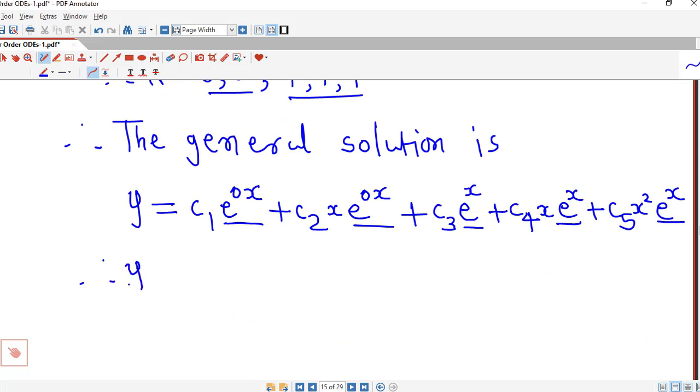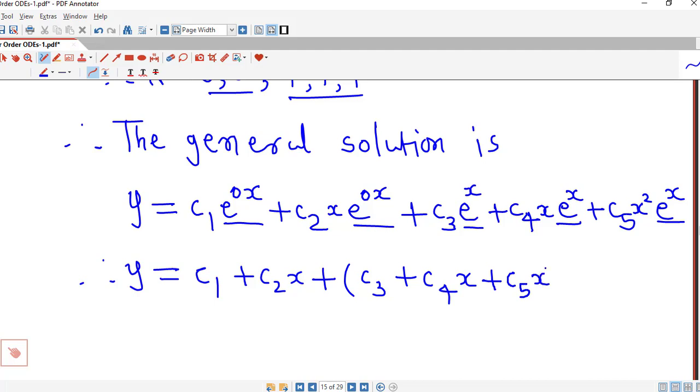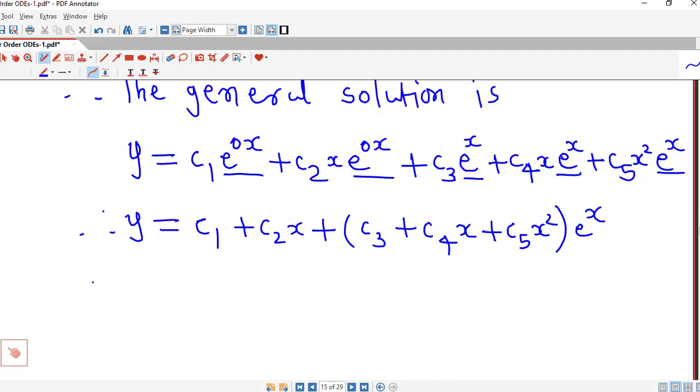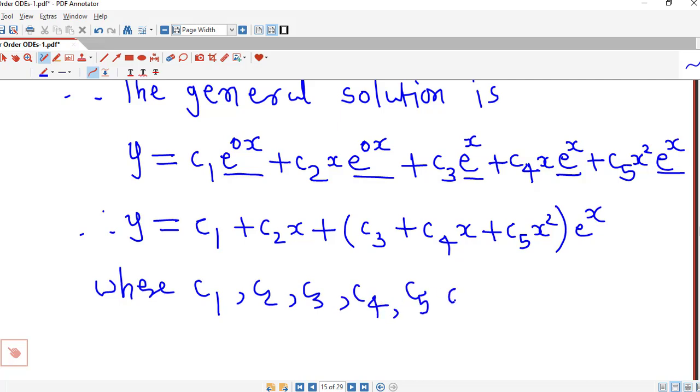And this we can rewrite as e raised to 0 x is 1. So we have c1 plus c2 x, and here if we wish we can take e raised to x common. So we have c3 plus c4 x plus c5 x square times e raised to x, and here c1, c2 up to c5 are arbitrary constants.